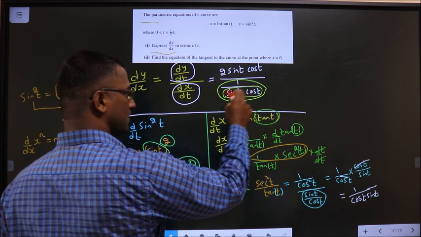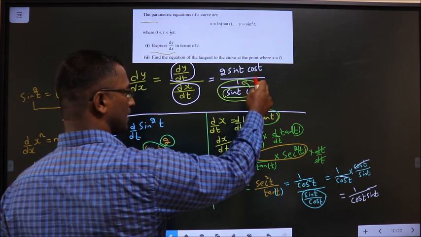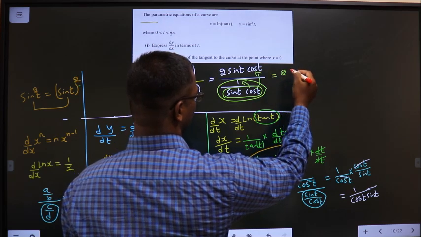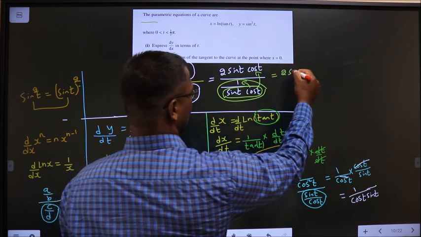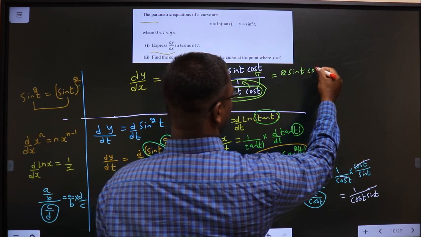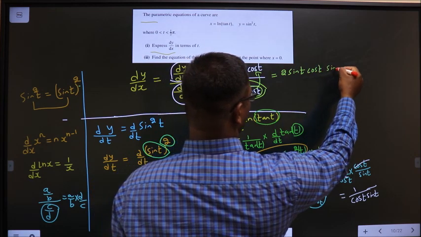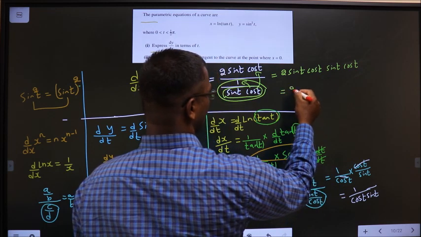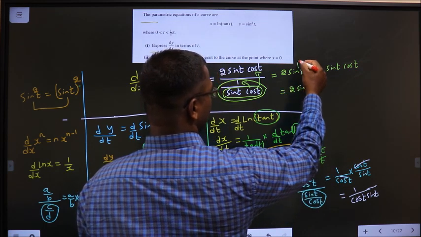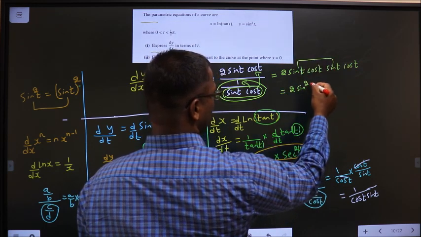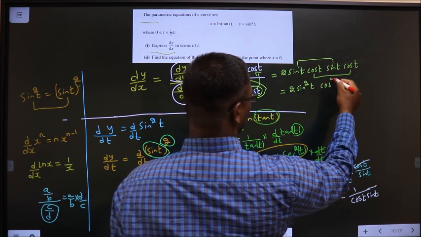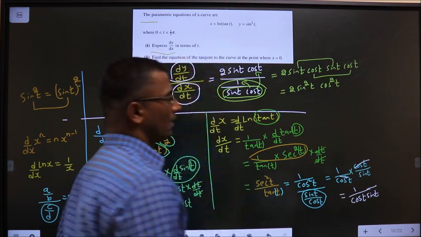So obviously this cannot stay down here, so this will go up, resulting in 2 sin t cos t into sin t cos t. So that is nothing but 2 sin t into sin t is sin square t, cos t into cos t is cos square t. Clear?